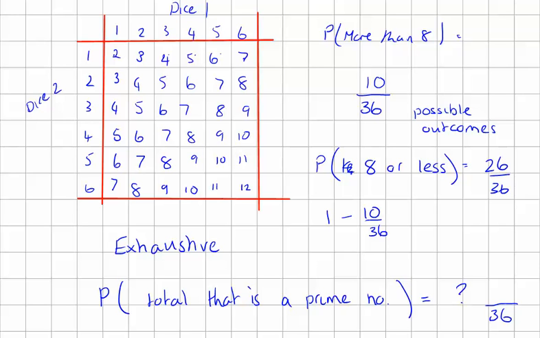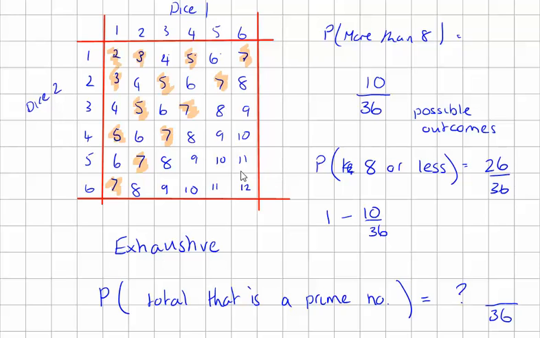So what we do is we go through the grid and we have to mark out how many prime numbers there are. So 2 is a prime number, 3 is a prime number, 5 is a prime number, 7 is a prime number, 9 is not a prime number, although people tend to write 9 as a prime number for some reason.